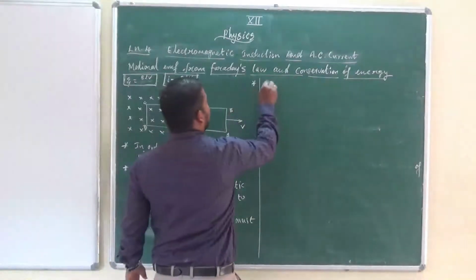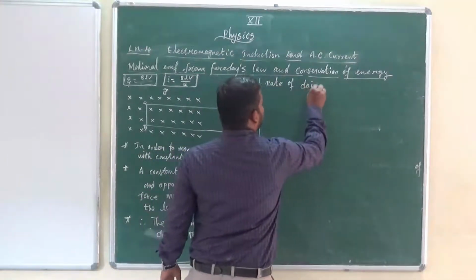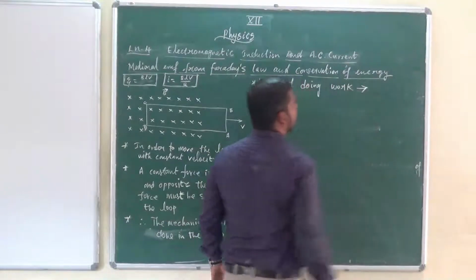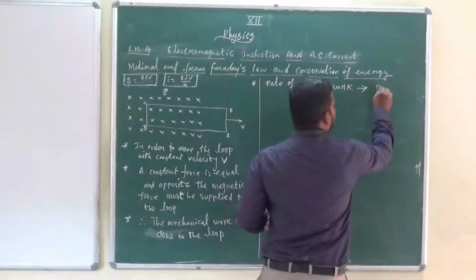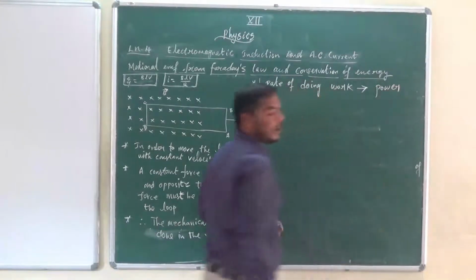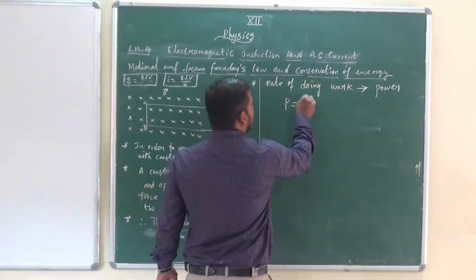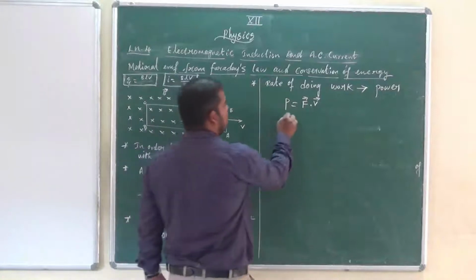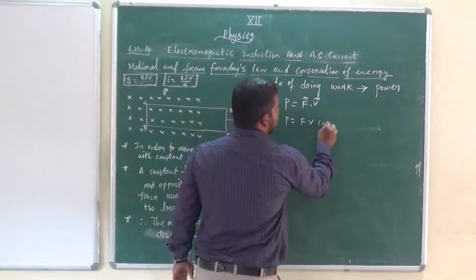What is that? The rate of doing work, as we have discussed in the lower classes, is nothing but power, isn't it? So power, symbol P, equals F vector dot V vector. Written in the other form, P equals F V cos theta.